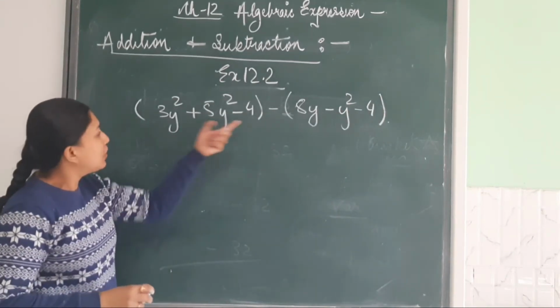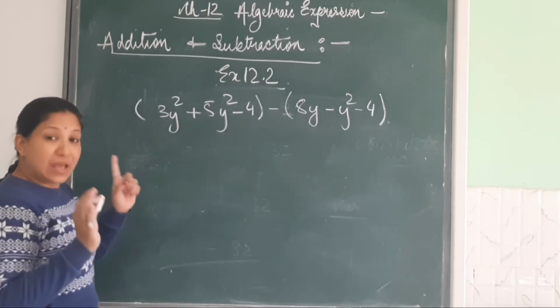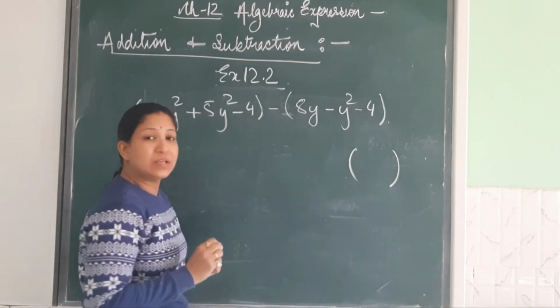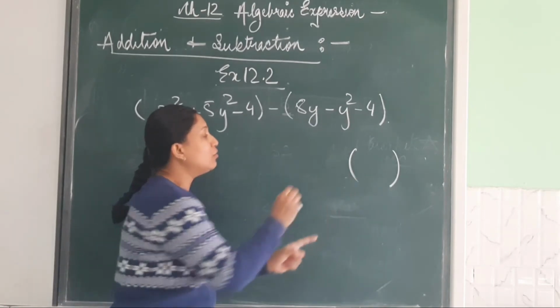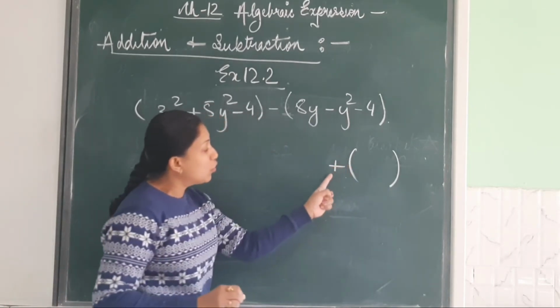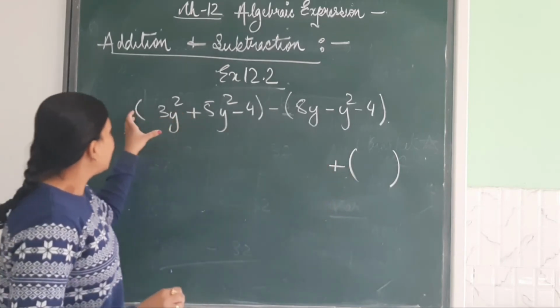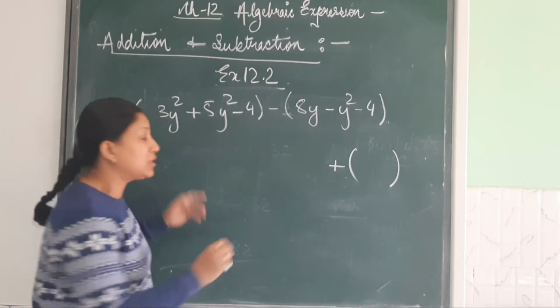First, you have a bracket. Let's open the bracket. Whenever we have a positive sign or no sign before the bracket, then you can copy the terms as it is. There will be no change in the sign.